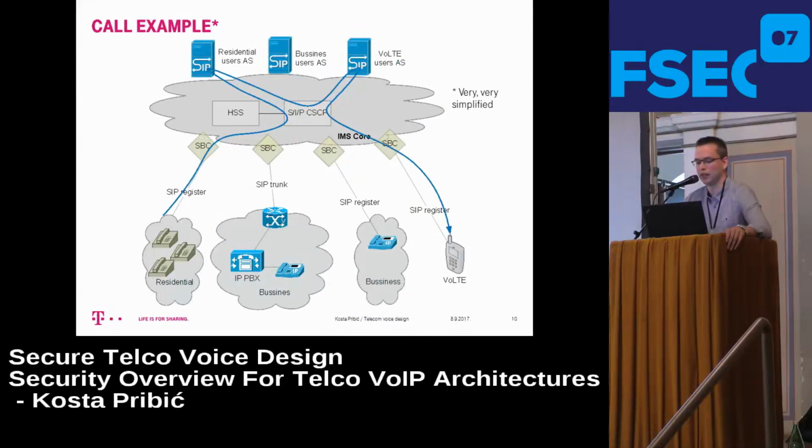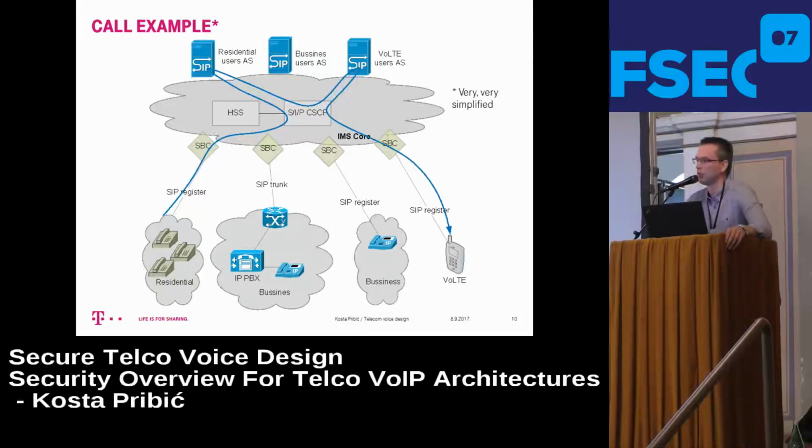If you have, let's say, a residential user on the left, he tries to send an invite, it goes to the SBC, it goes to the telco core, it doesn't matter what it is, it's just some core, it's IMS, and then it's triggered to some sort of service server, in this case, residential server, then goes back to the core, it's transited to whoever is the B side, in this case it's a VoIP user, and then it's propagated back to the access. The only security here are the SBCs.